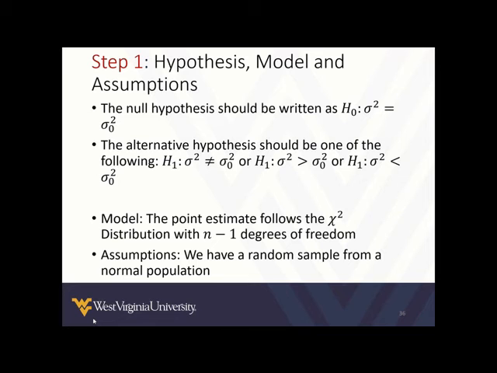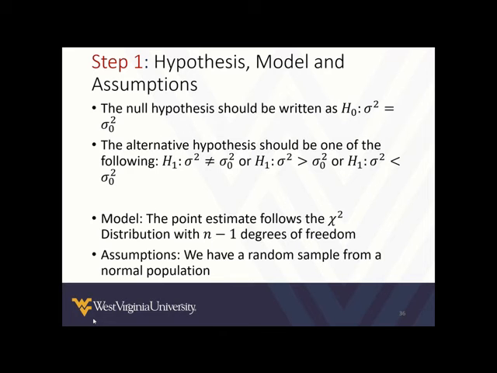The null hypothesis should be written as H0: sigma squared equals some hypothesized population variance. And then the alternative hypothesis is going to be one of the three options that you are used to, the 2 options for the one-sided test and then the 2-sided test.